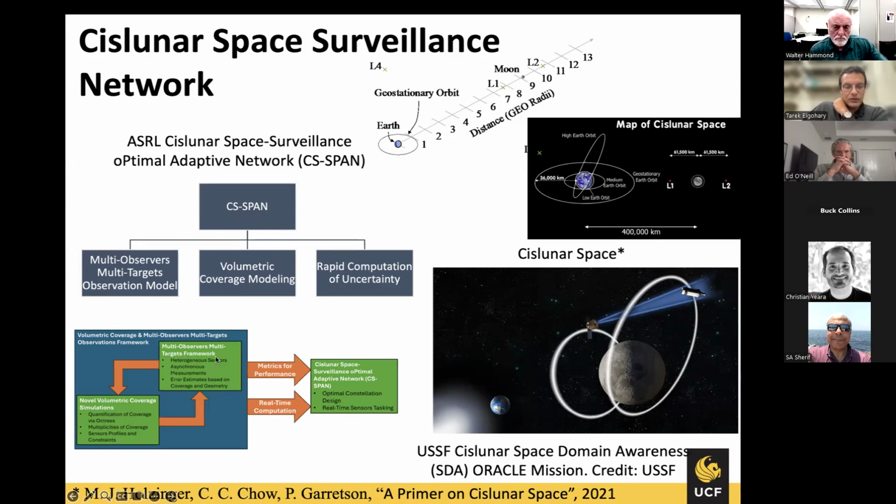We have the multi-observer, multi-target framework. It needs to handle heterogeneous sensors, asynchronous measurements, and error estimates based on coverage and geometry. This feeds into the coverage models where we need to quantify coverage, understand multiplicities of coverage, and include constraints. Those two things work together and give us metrics for performance and fast or real-time computation.